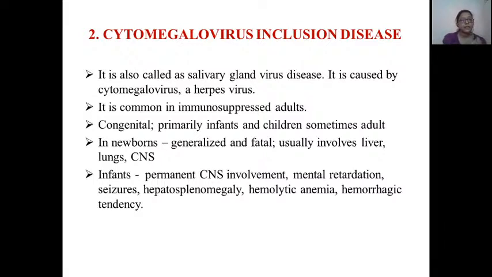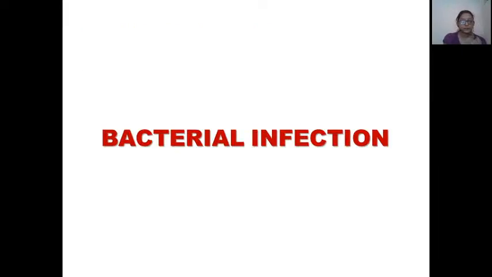In newborns, it causes a generalized disease and can be fatal, involving the liver, lungs and central nervous system. In infants, there is permanent CNS involvement, mental retardation, seizures and hepatosplenomegaly. Hemolytic anemia and hemorrhagic tendency are seen.